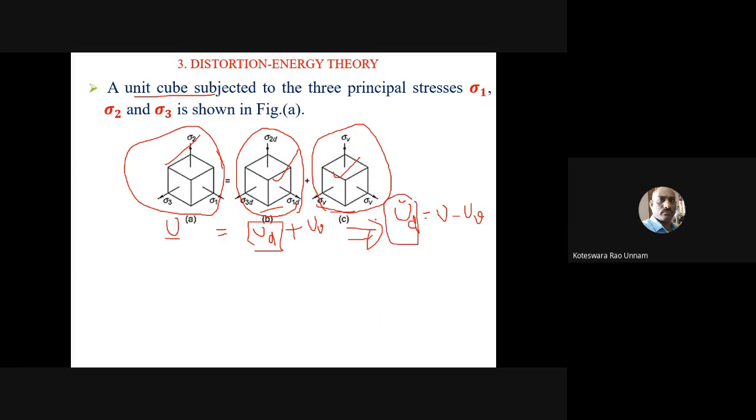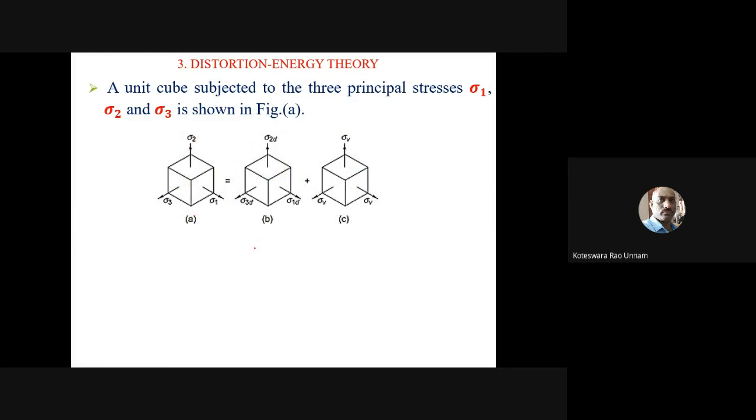But by calculating this one and this one, I can calculate the distortion energy using this expression. That means I need to compute the total strain energy and the strain energy for only volumetric change. Now we'll see how we can derive these two, and from this, how we can derive this distortion strain energy.